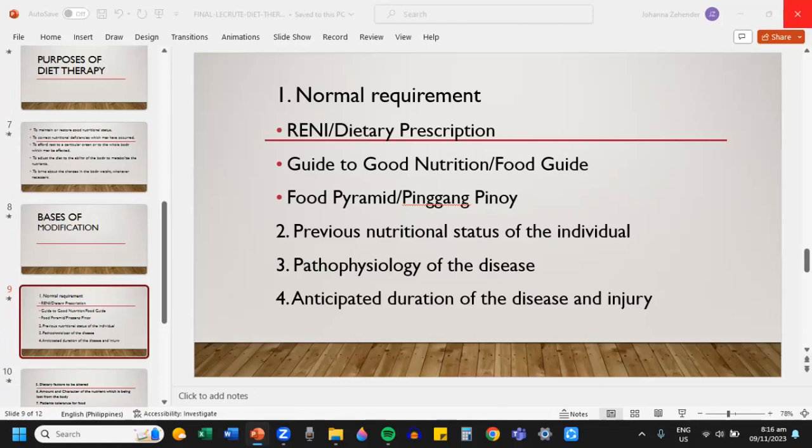'Di ba soft diet kayo initially, until ma-tolerate na ninyo yung braces, okay? So those are some indications for the modification of one's diet. So you will learn more about that as we go on.